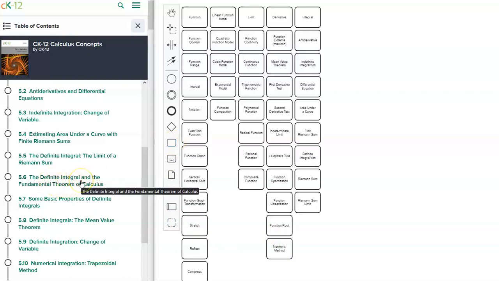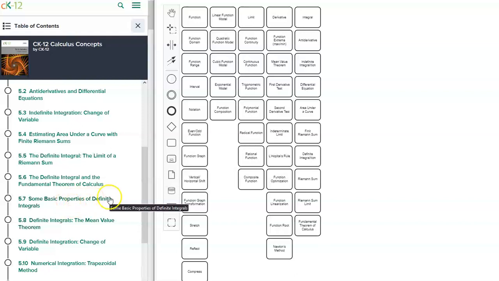Definite integral, we got that one. Fundamental theorem of calculus. Ooh, that one sounds really important. Fundamental theorem of calculus.